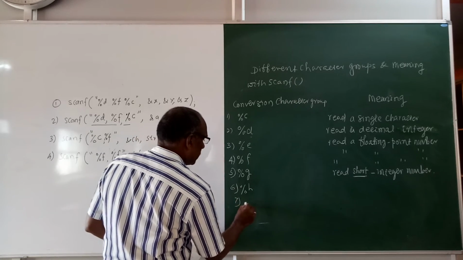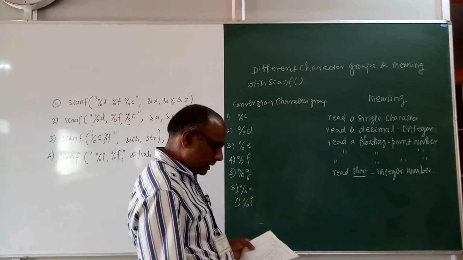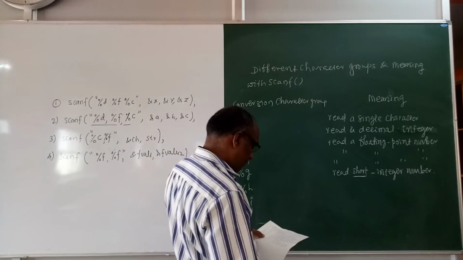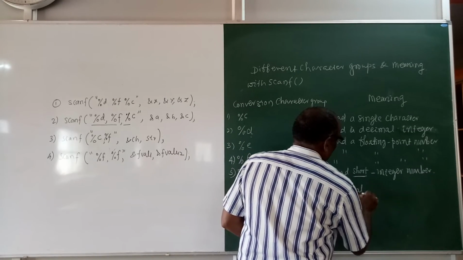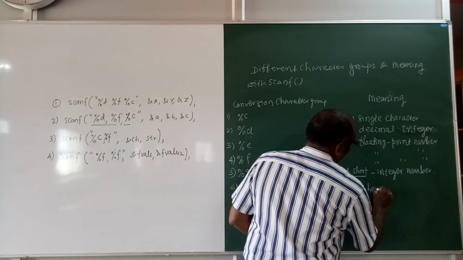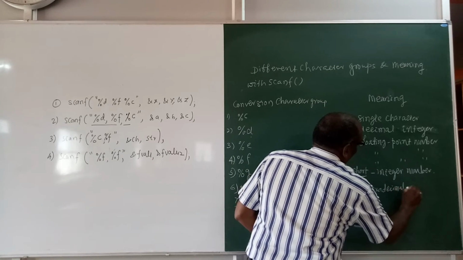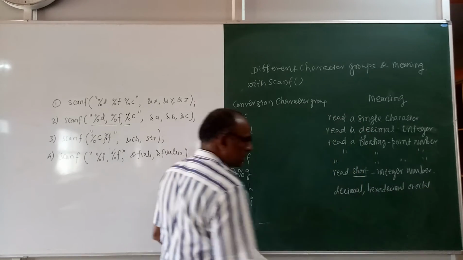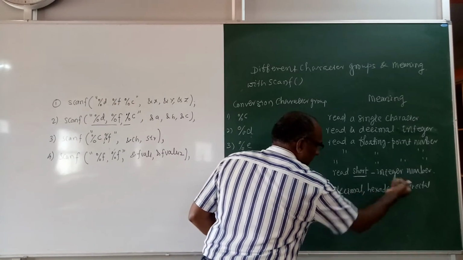Say percent I, small i. It will read a decimal, hexadecimal or octal number. These are number systems commonly used: decimal, hexadecimal and octal.